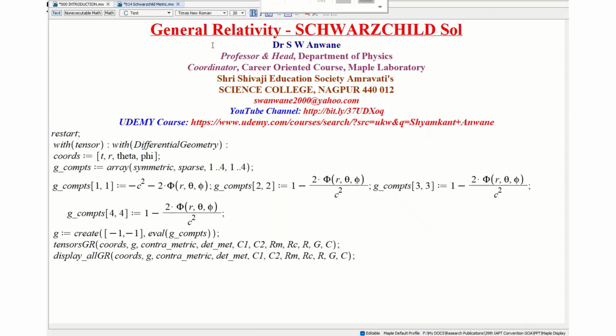If you are familiar with general relativity, we can obtain the Schwarzschild solution using the tensor and differential geometry library.